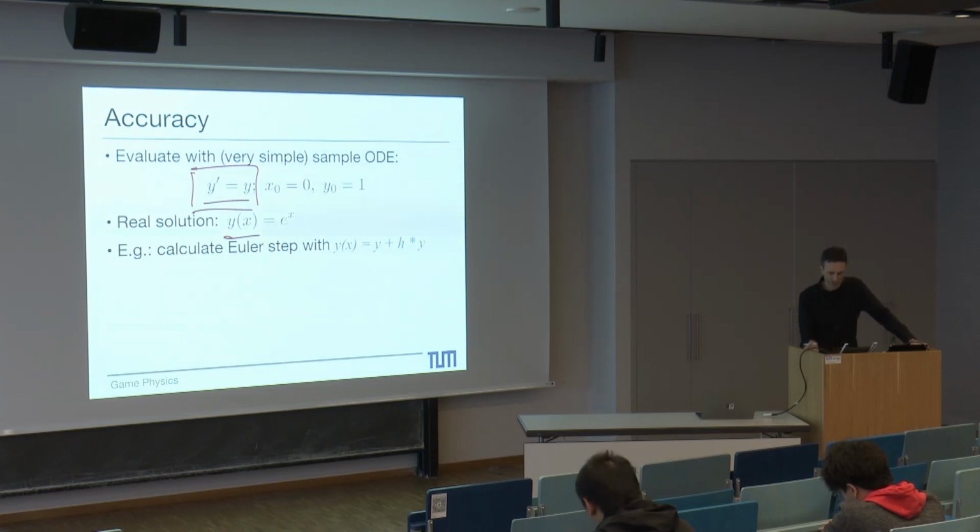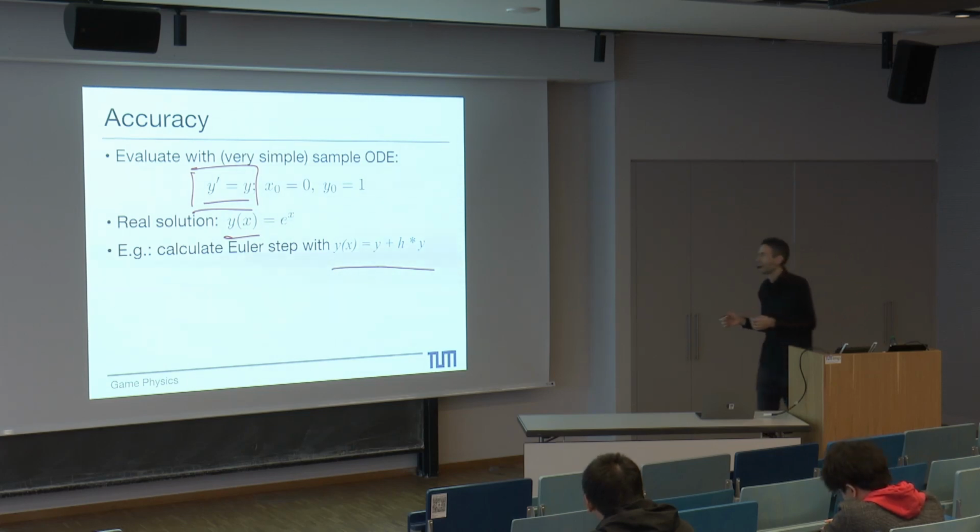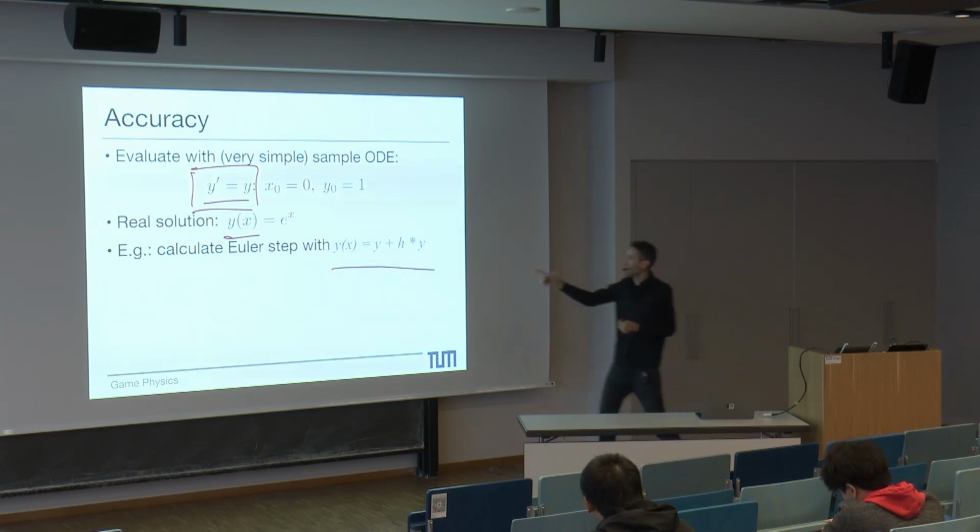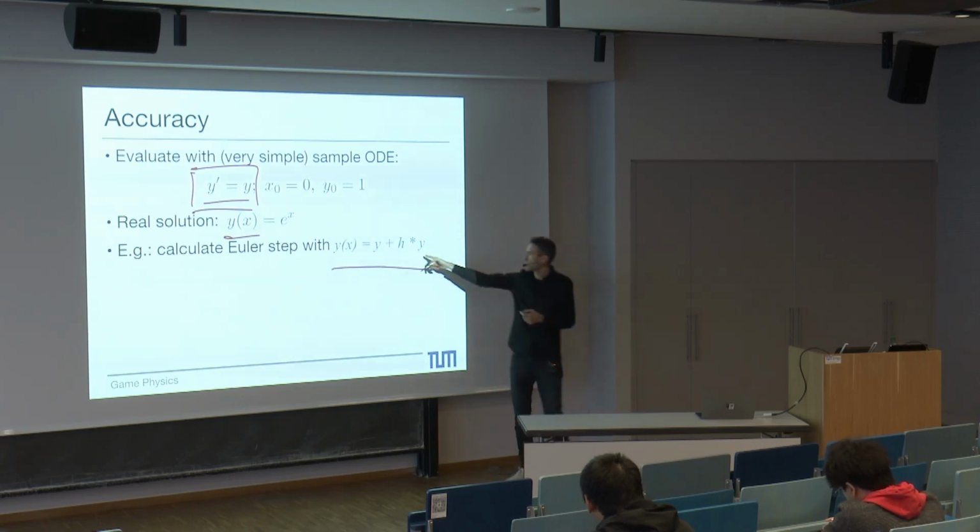But given this formulation and our ODE here, we can now, for example, compute an Euler step. And if you now think about our formulation from before, or Taylor series in general, we basically have something with these different terms. And here we normally need to add all the derivatives. Well, this is our ODE. The ODE means our derivative is the function or the approximation we have, the y.